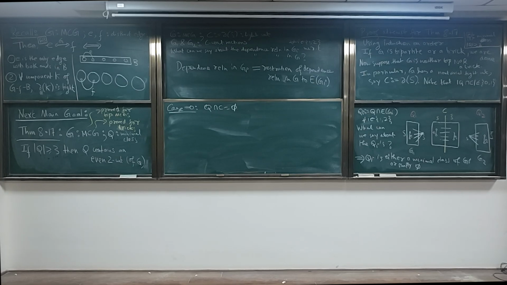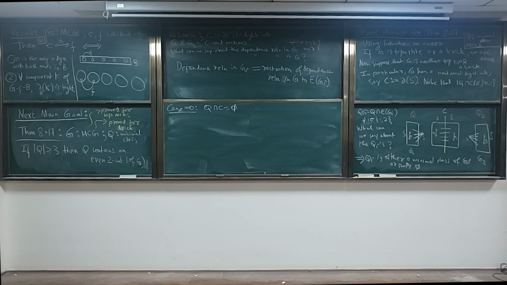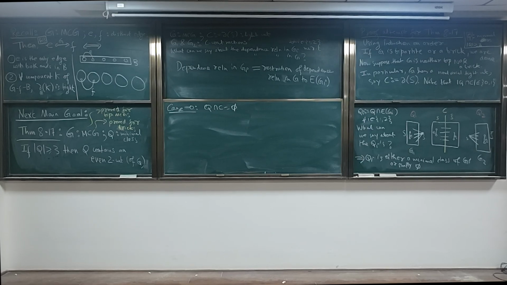Remember, when you delete a minimal class, you may not have a matching covered graph, but every edge is matchable. Every edge is matchable. Right? So if Q1 is using some edges from G1 and Q2 is using some edges from G2, both of them are non-empty, that's what I mean.